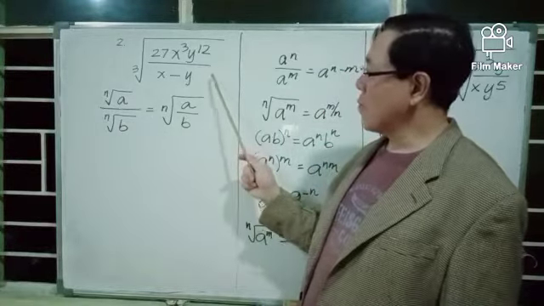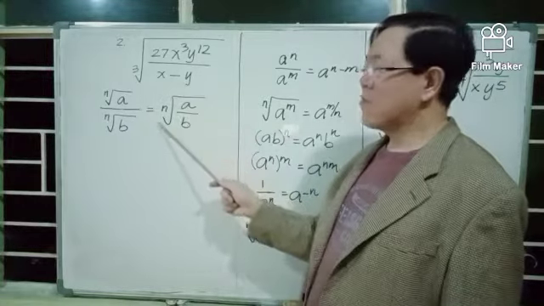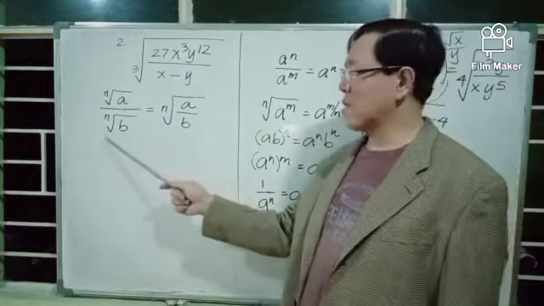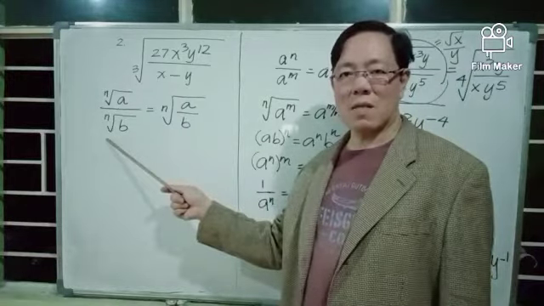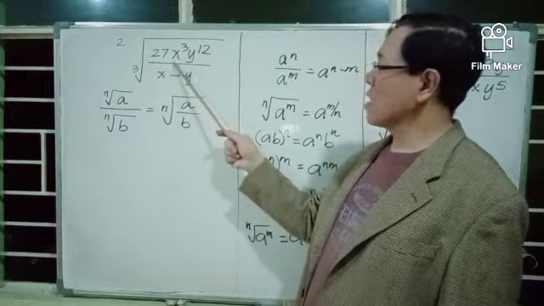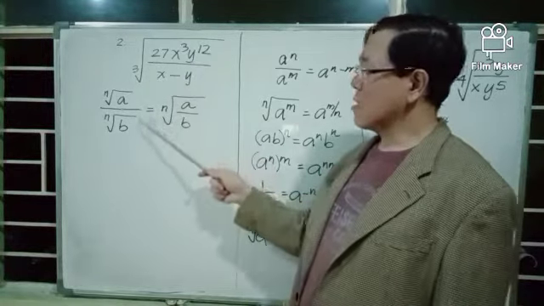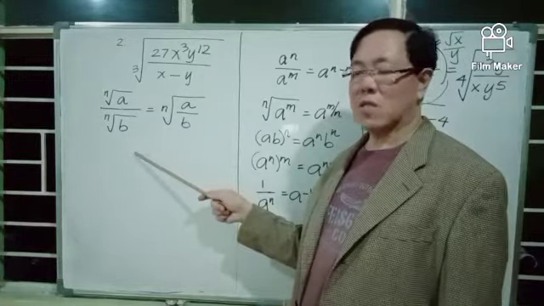But in this example, we will simplify this by starting from the right hand side instead of starting out from the left hand side. So we write the cube root of 27x cubed y raised to 12 over x minus y as a ratio of two radical expressions.